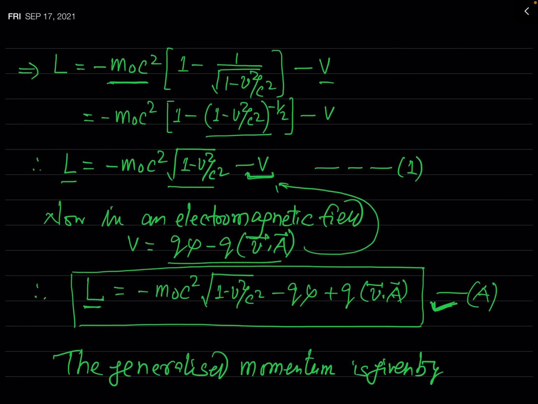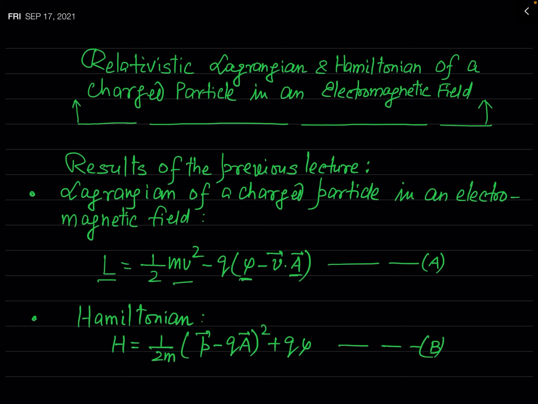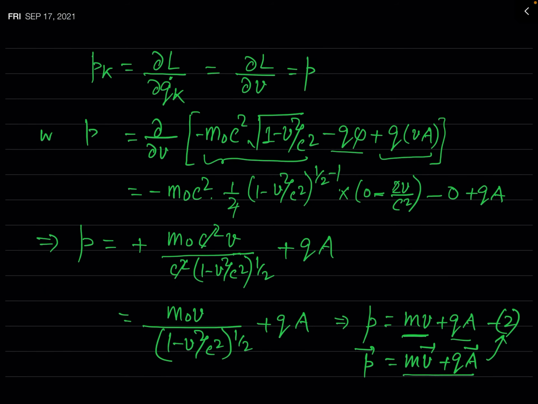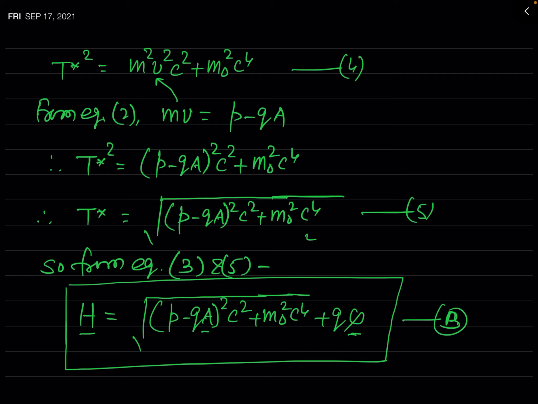In non-relativistic motion, H was like this. So the relativistic expression is entirely different from the classical, or non-relativistic, expression for the Hamiltonian in an electromagnetic field. So this is the required Hamiltonian of the charged particle in an electromagnetic field.